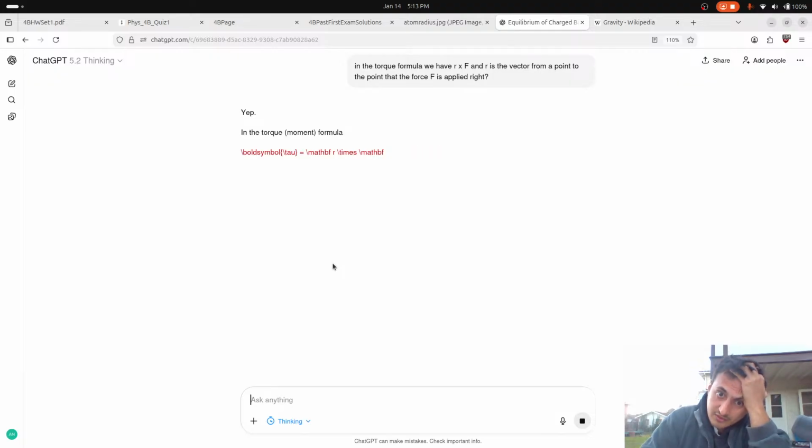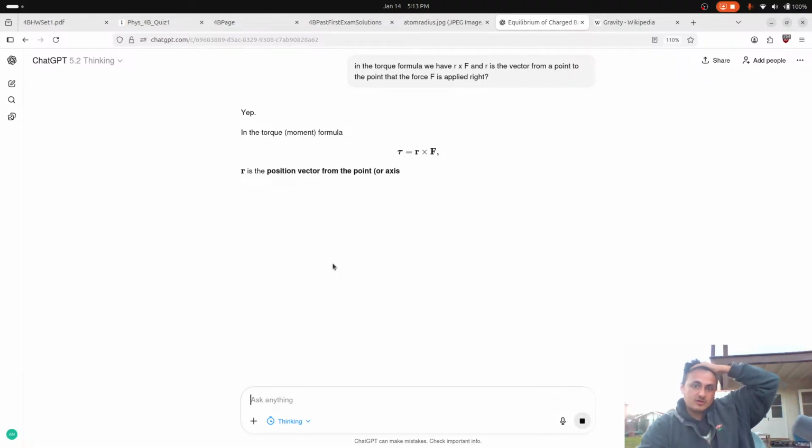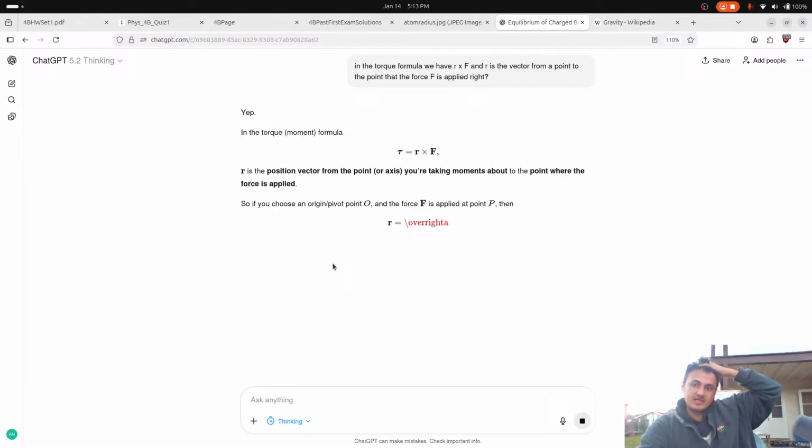In the torque formula, R cross F, R is the position vector from the point you're taking moments about to the point where force is applied.